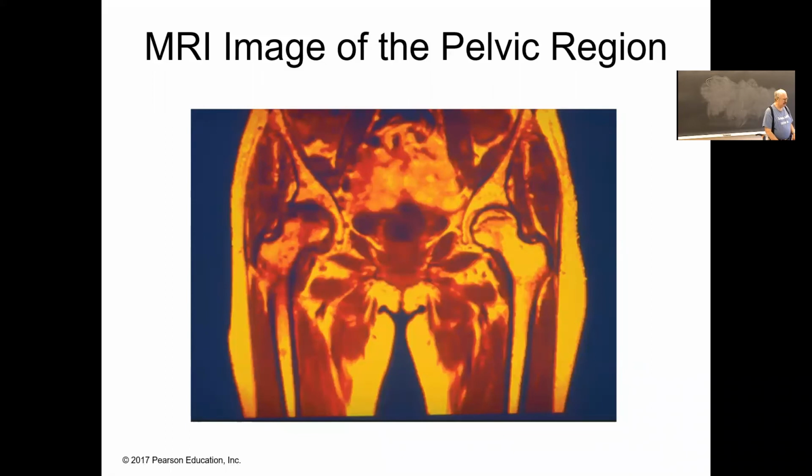Here is an MRI of a pelvic region. MRI has also been used to get the exact dimensions of a knee joint, for example, so that they get the correctly sized prosthesis when doing a knee replacement.